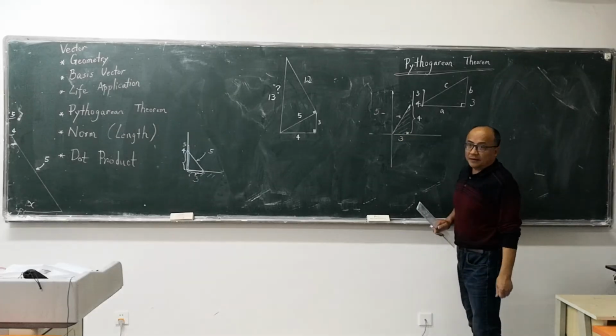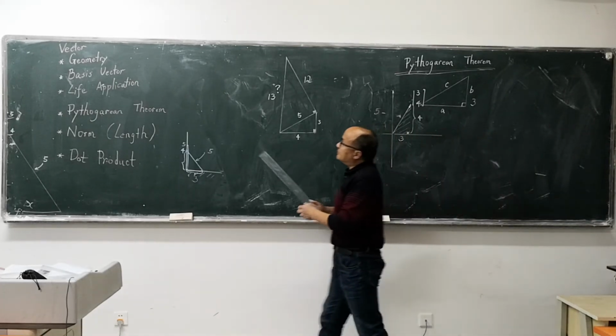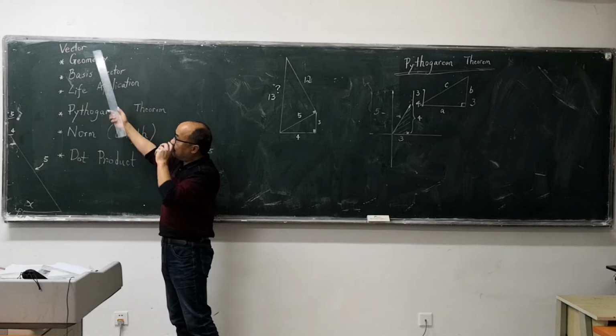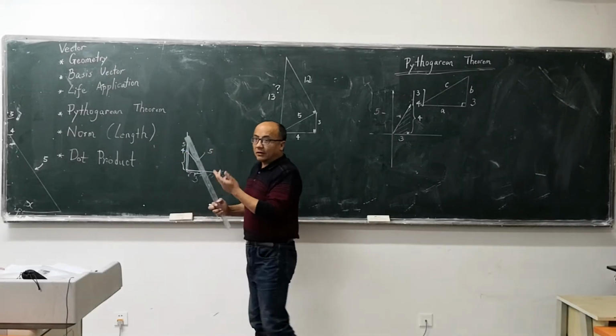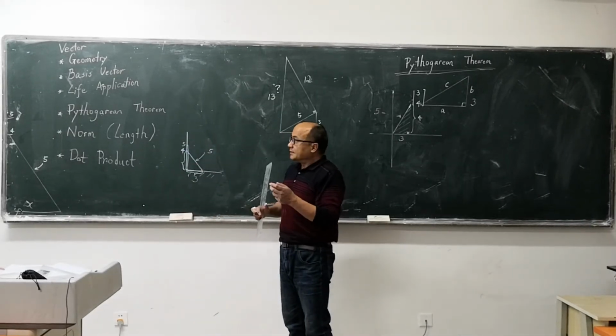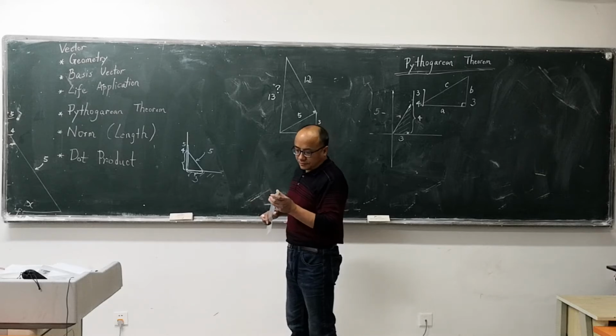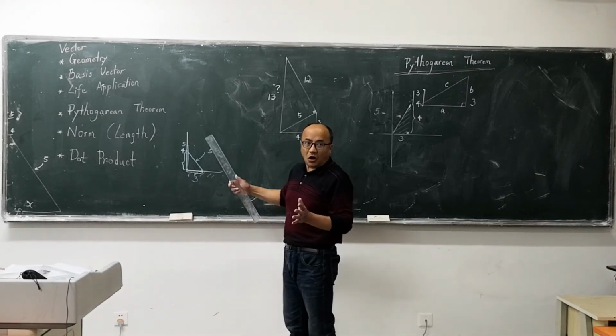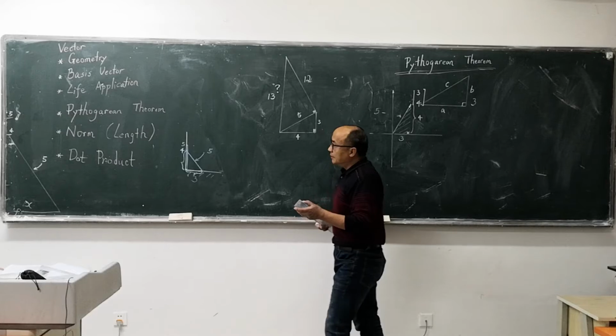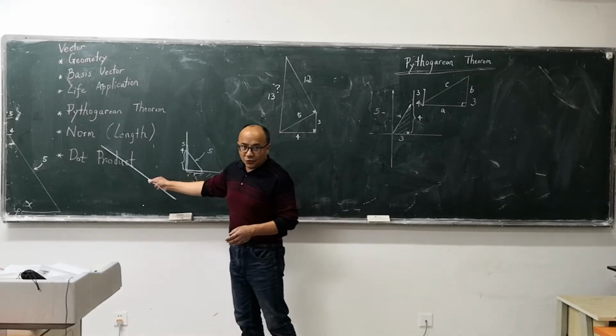We said the vector has a direction. It has a length. The length means how large it is. It is the norm.